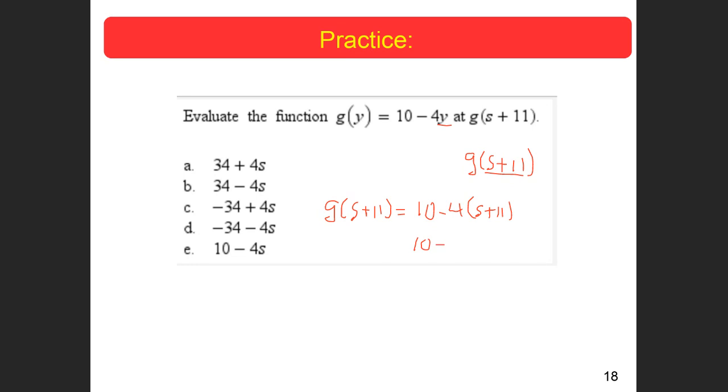That's going to be 10 minus, I'm going to multiply through here, so that's going to be negative 4s plus negative 44. So this is going to be negative 4s minus 34. I'm going to go with letter D here for that one. Good problem. Love those types.